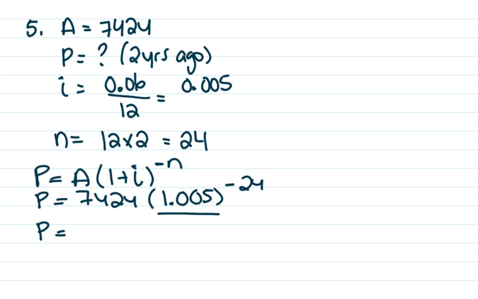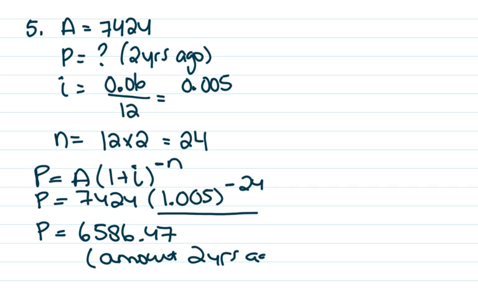So do 1.005 to the power of negative 24, and then multiply that number by 7,424, and the answer is 6,586.47. So this is the amount she had in her account 2 years ago.